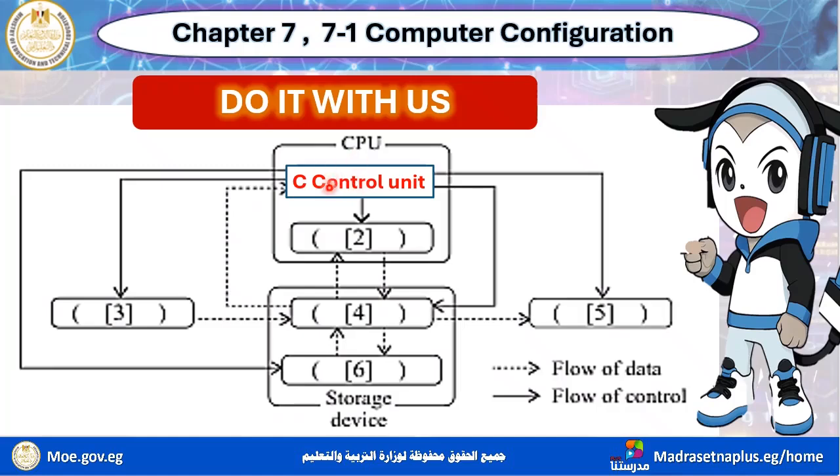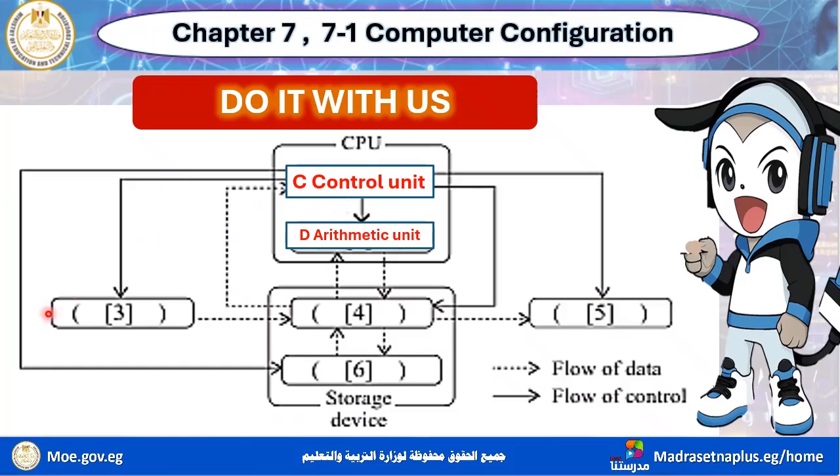So it controls or gives orders to all the other devices. That's why it's number one. As for number two, it's the arithmetic unit, because among the components of the CPU is the control unit. Therefore, the arithmetic unit is part of it. And they both work and give orders to the computer to execute.